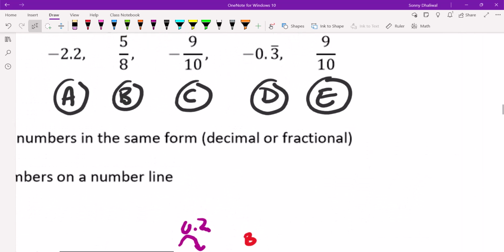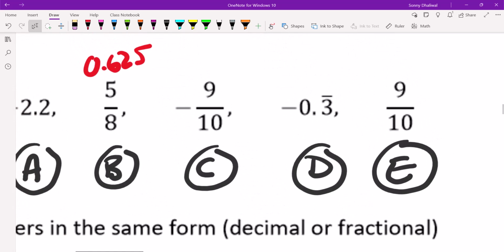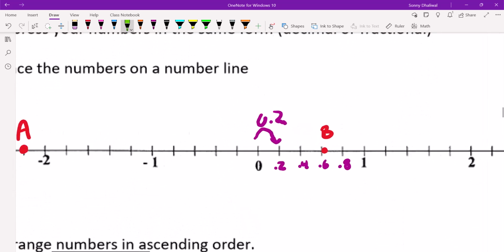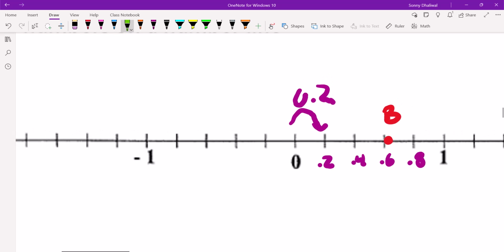Okay, C, negative 9 over 10. What is that as a decimal? You should go 9 out of 10. Negative 0.9, yeah. Okay, so I'm in the negative section. How far do I go past 0?